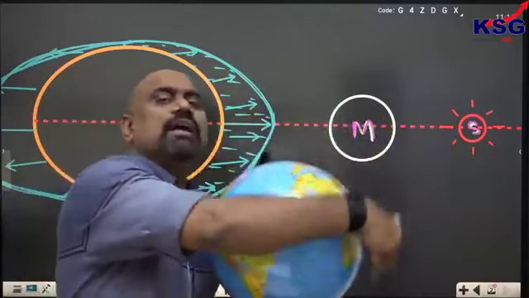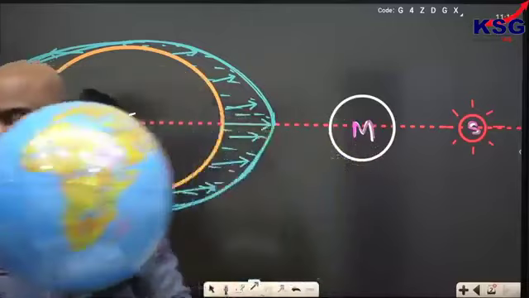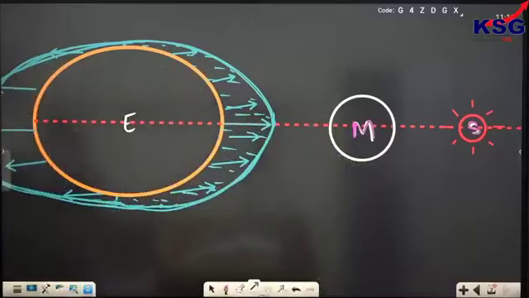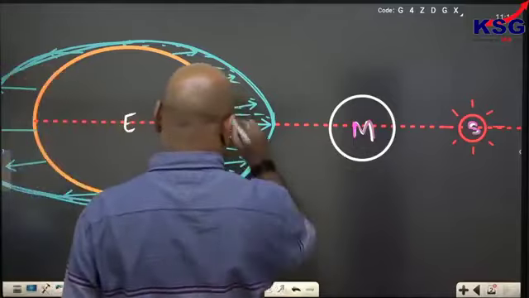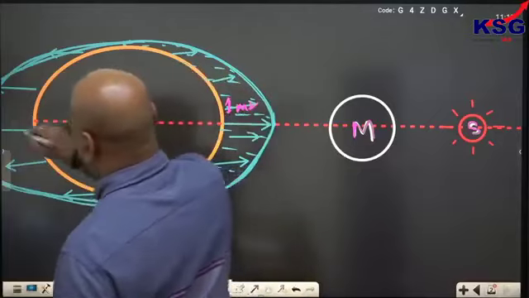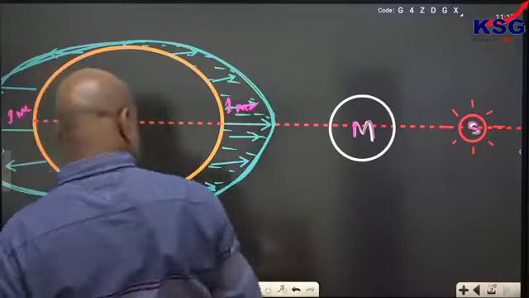In the same way, on the opposite side the same amount of bulging is there, as I said, because of the centrifugal force. If there is a 1 meter bulge here, then there will also be 1 meter of bulging there.